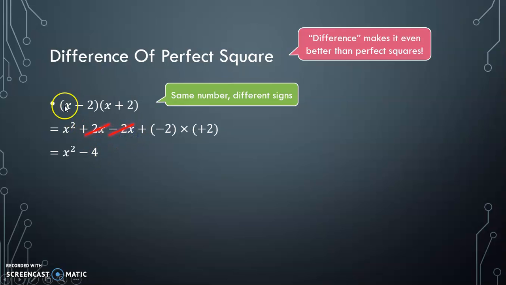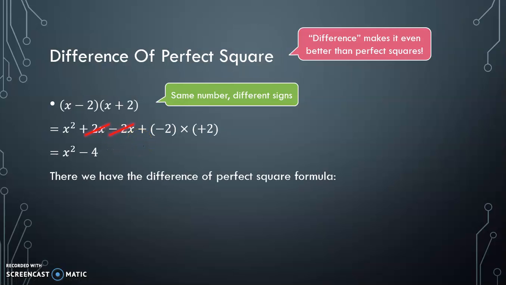So in the end, a product of two binomials ended up only having two terms after you have simplified it. Why? Because the cross terms are cancelled out. This is the beauty of the difference of perfect squares.